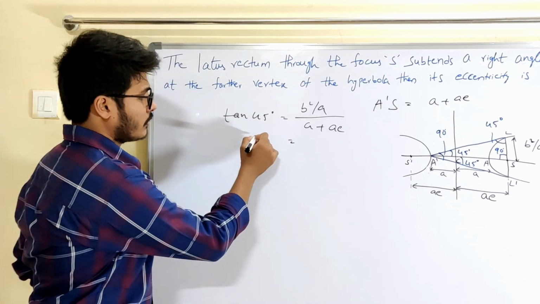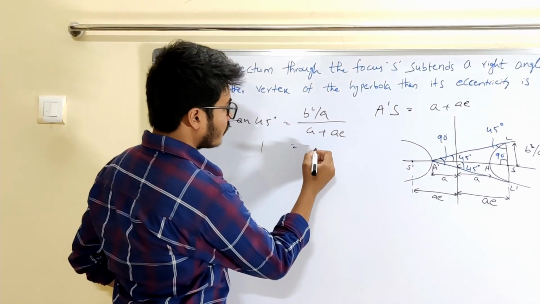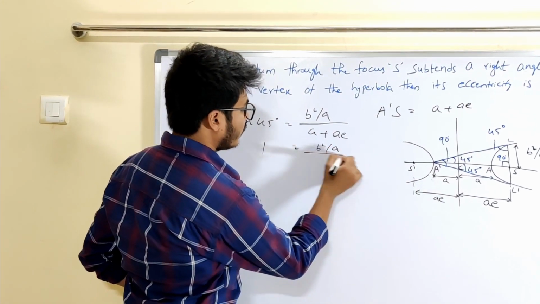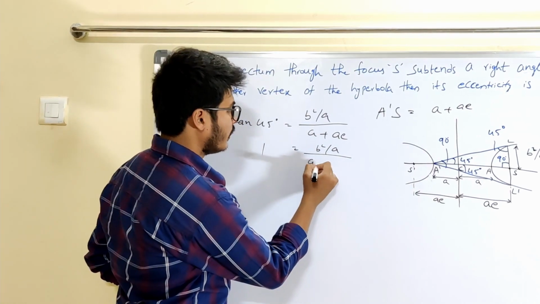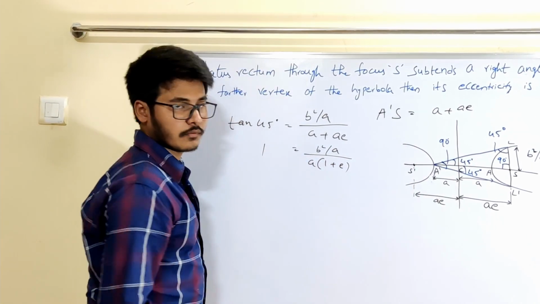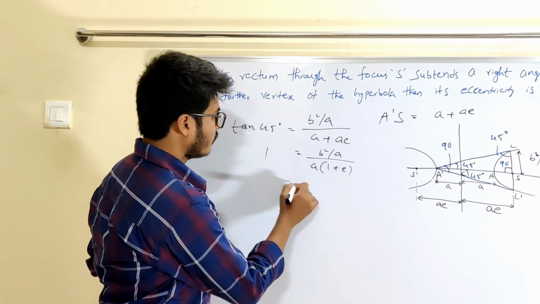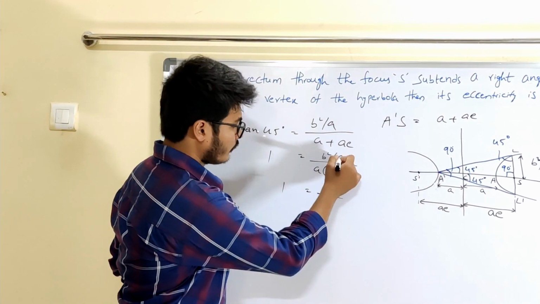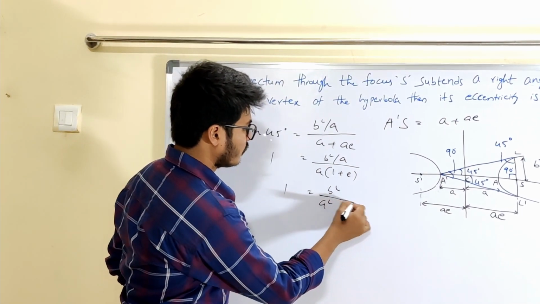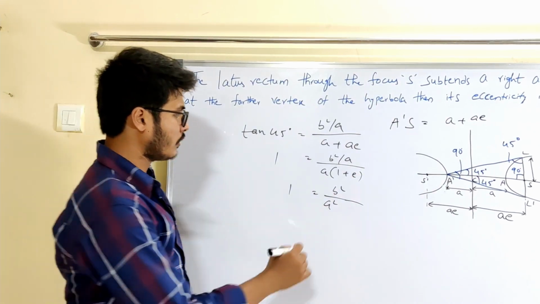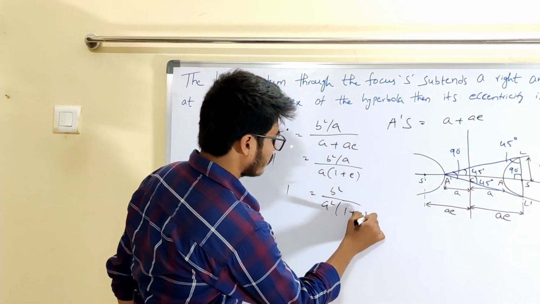So as we know, tan 45 is equal to 1 and b square by a divided by, here we take a as common, a into 1 plus e, and b square by, we take a down, so b square by a square into 1 plus e.